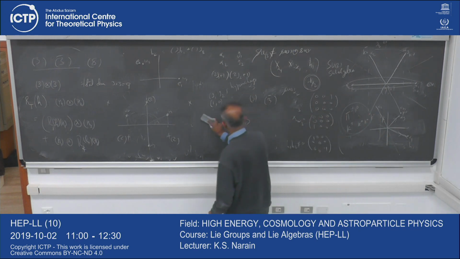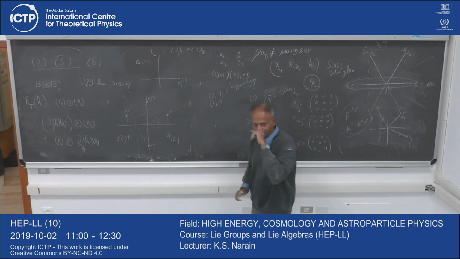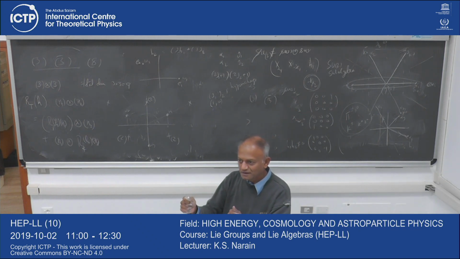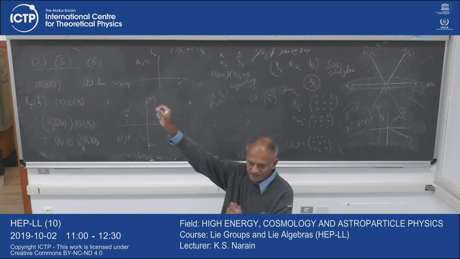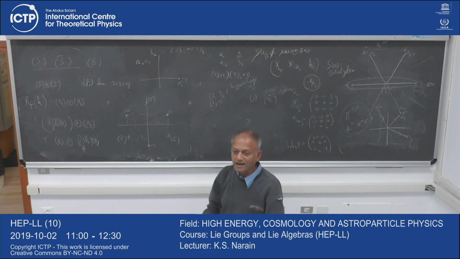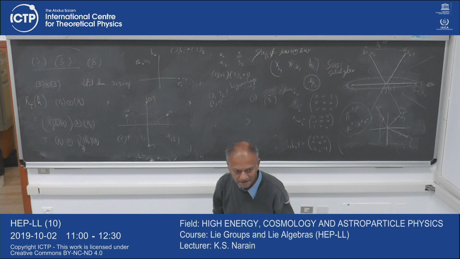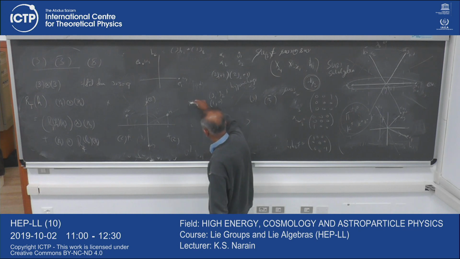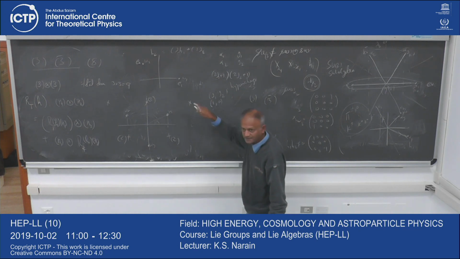So now I can start applying the procedure. Certainly I know there is this representation, like what we did for the SU(2) case. I take J1, J2, so the highest weight will be J1 plus J2. Then I take that reducible representation, remove it, and ask what the next highest weight state is. The same procedure here. So I start applying the lowering operator.